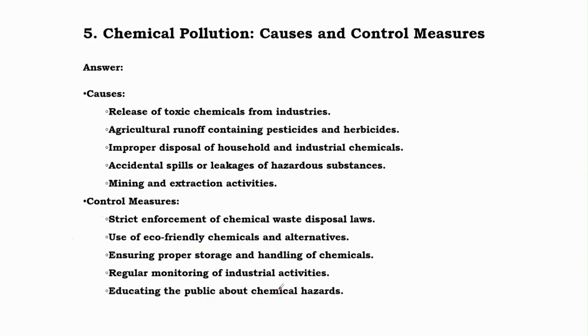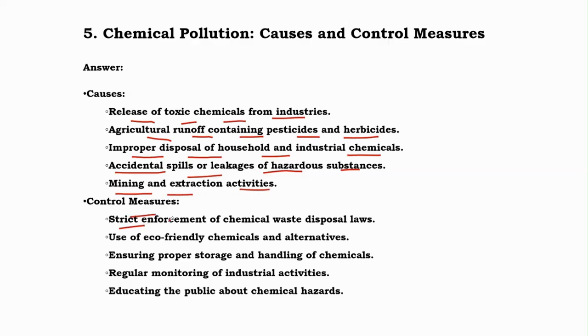Chemical pollution causes: release of toxic chemicals from industry, agricultural runoff containing pesticides and herbicides, improper disposal of household and industrial chemicals, accidental spills or leakage of hazardous substances, mining and extraction activities.